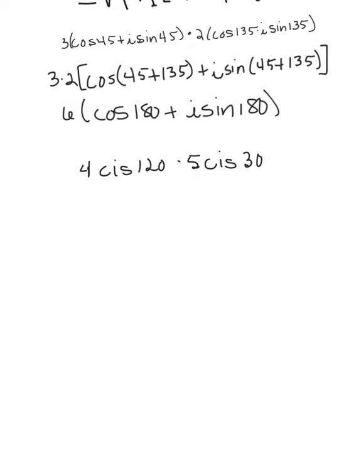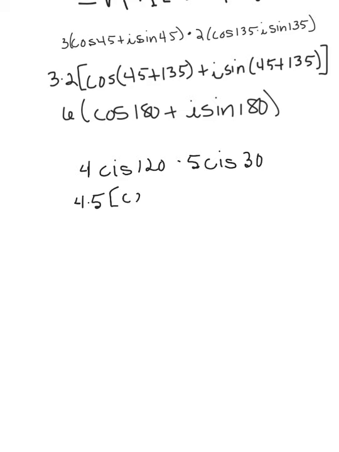On our second example, we have 4 cis of 120 times 5 cis of 30. Even though it's written in the other version of the trigonometric number, it's not any different in process. The r's are 4 and 5, so we're going to multiply 4 times 5.